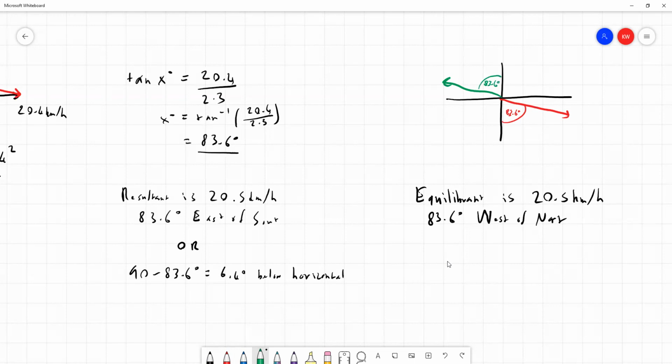In any question where we have to find the equilibrium, you can immediately say how big it is. It's the same size as the resultant, and just be careful about giving the opposite direction. Obviously something nice and easy, like the resultant going east when the equilibrium is going west. But this is the angle that the equilibrium will take, which is the complete opposite of the resultant. And that would conclude a question like this.